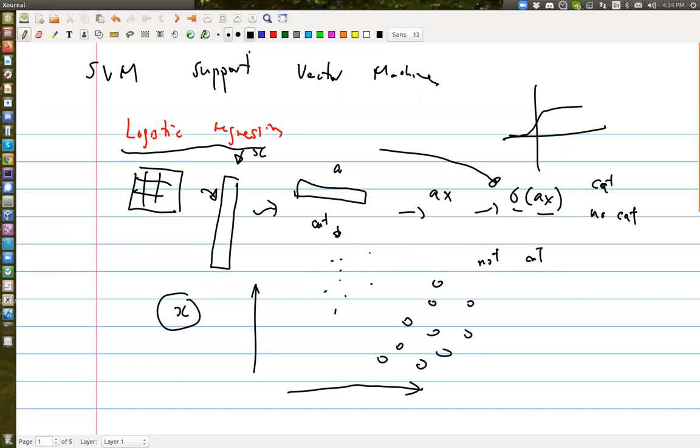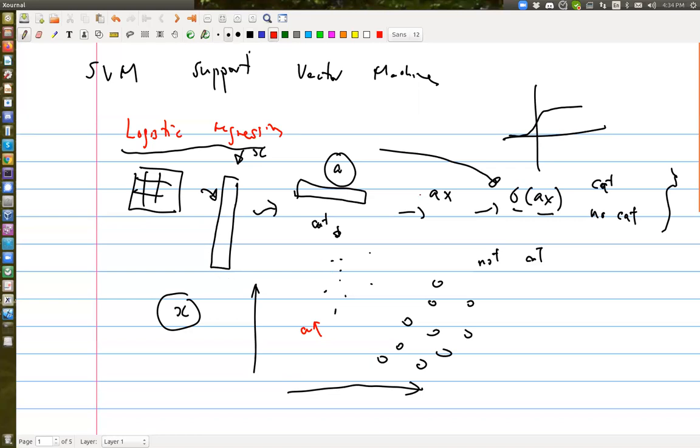Now, what we are doing in logistic regression is that we want to try to find this A here. A is more or less a vector along, let's say, a different color. Potentially I can have something like this. Let's say this is A here. And now, what's Ax?